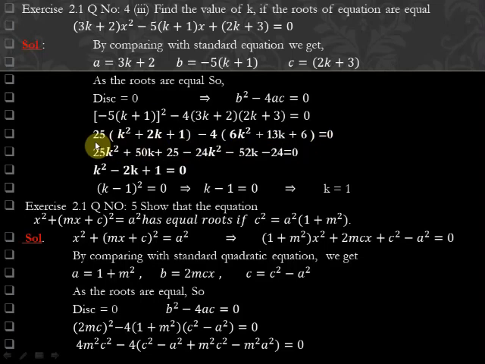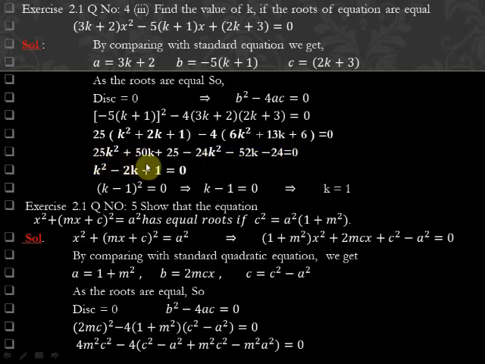On further simplification, 25k square plus 50k plus 25 minus 24k square minus 52k minus 24 is equal to 0.